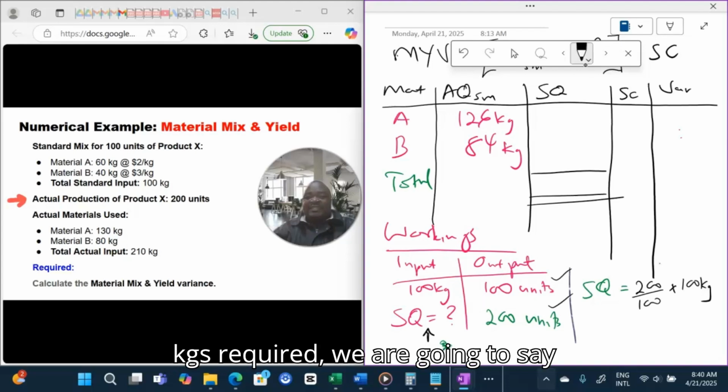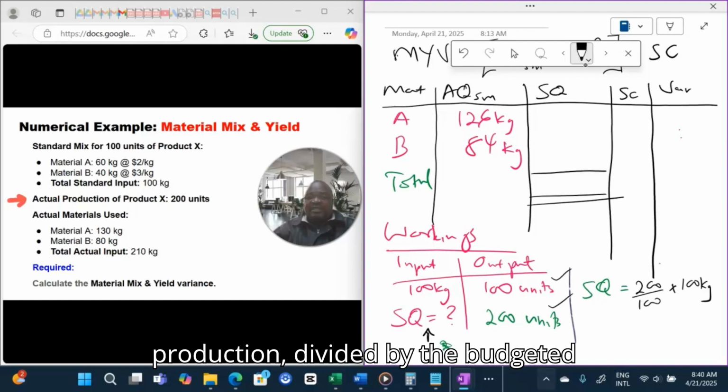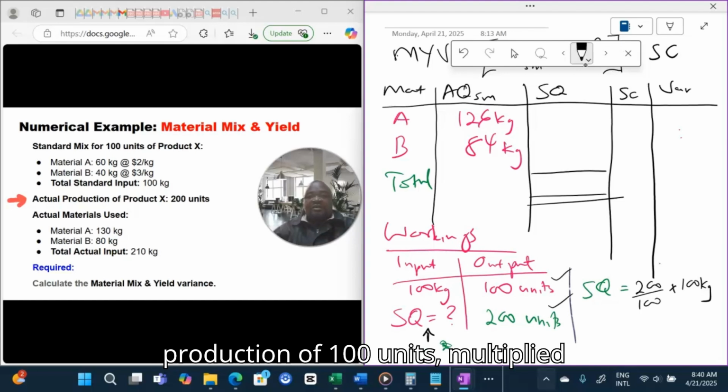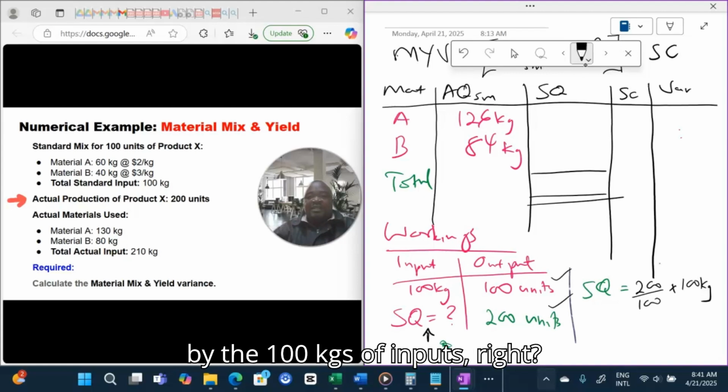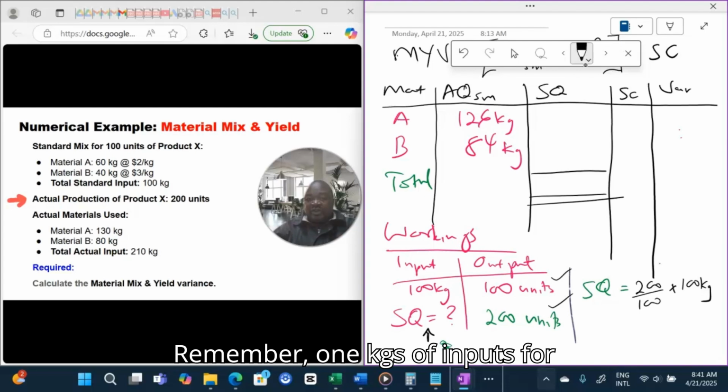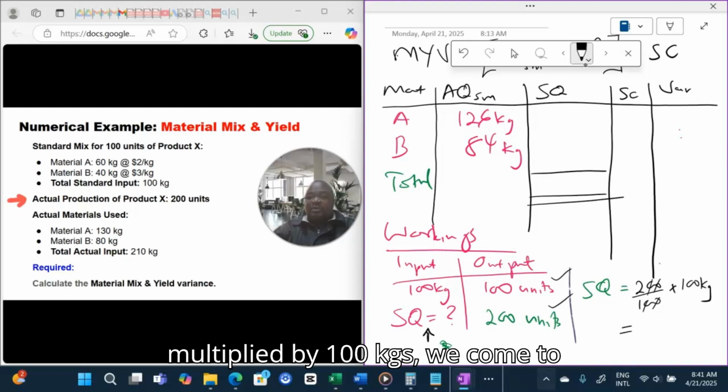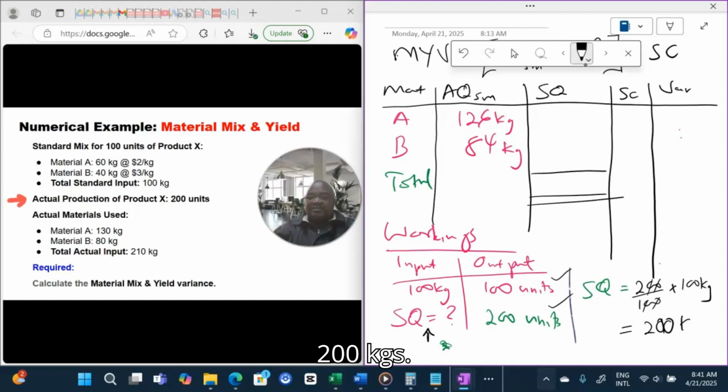So to get the kgs required, we say 200 units, which is the current production, divided by the budgeted production of 100 units, multiplied by the 100 kgs of inputs. So this time around, the zeros cancel each other, and 2 multiplied by 100 kgs, we come to 200 kgs. This is the 200 kgs we need here.